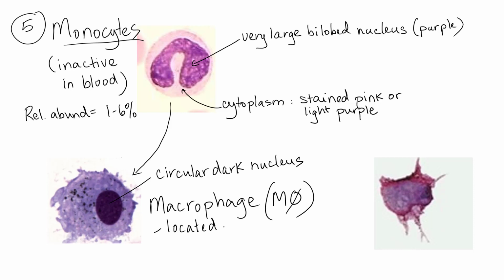So when a monocyte becomes activated and differentiates into a macrophage, then that macrophage will migrate out of the blood into the tissues to perform its job. And the function of the macrophage is phagocytosis, intracellular pathogen destruction.